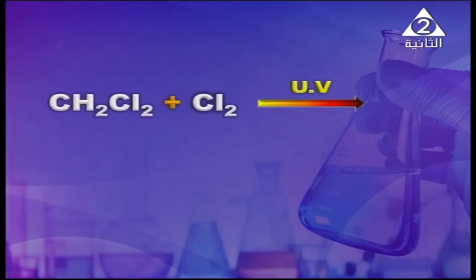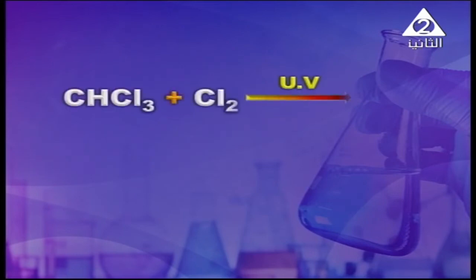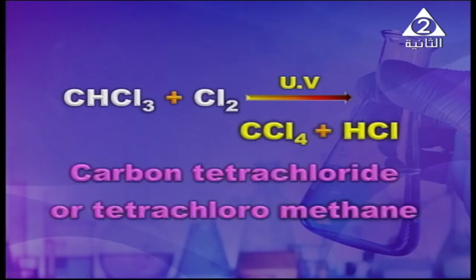In a further reaction, my dear student, the chlorine reacts with methylene chloride or dichloromethane in ultraviolet rays, forming trichloromethane or chloroform, which has the molecular formula CHCl3. And a further reaction occurs for the chloroform. Here it gives another substitution by removing one hydrogen atom, giving carbon tetrachloride or tetrachloromethane.